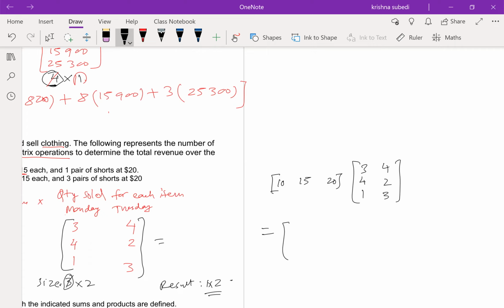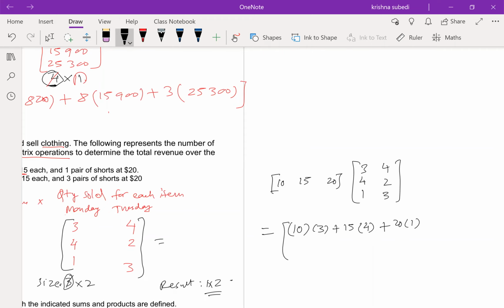So the first thing you'll get is 10 times 3 plus 15 times 4 plus 20 times 1. Okay, that first one is done.